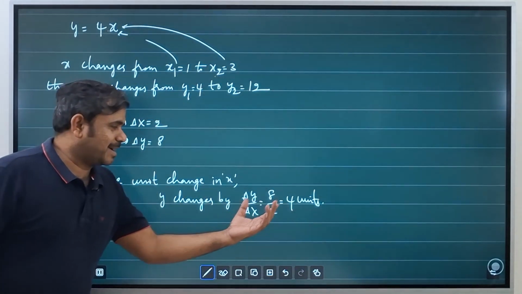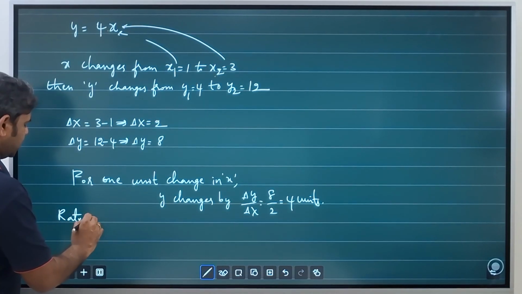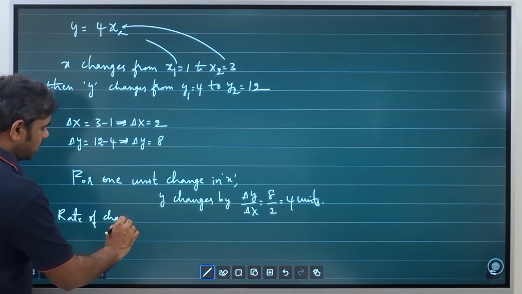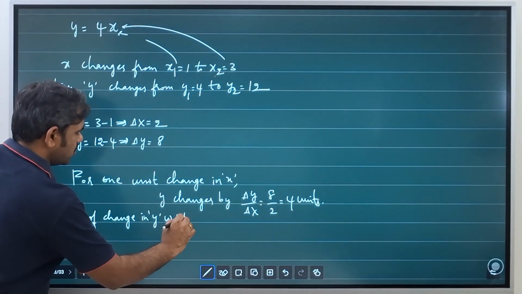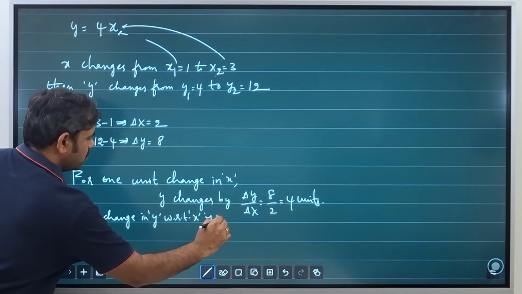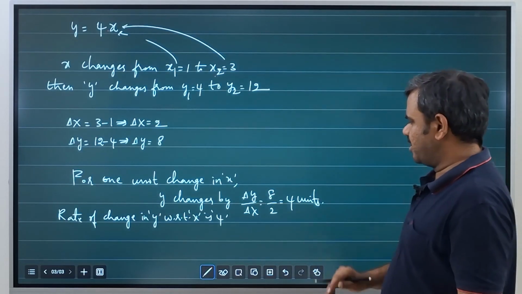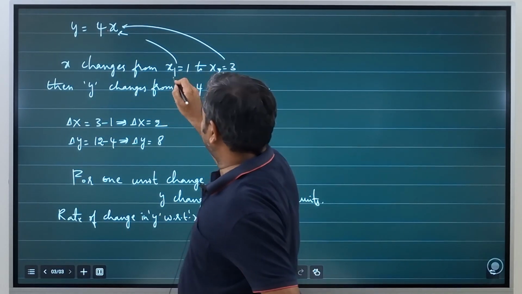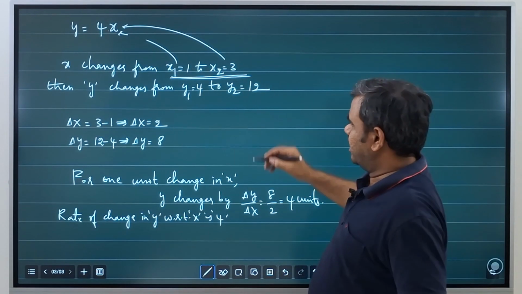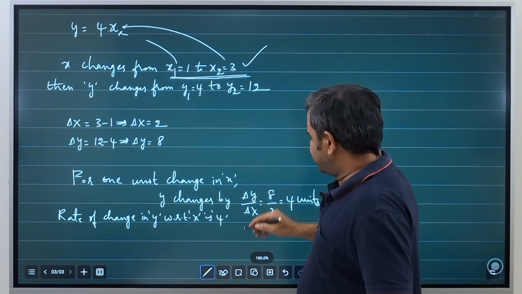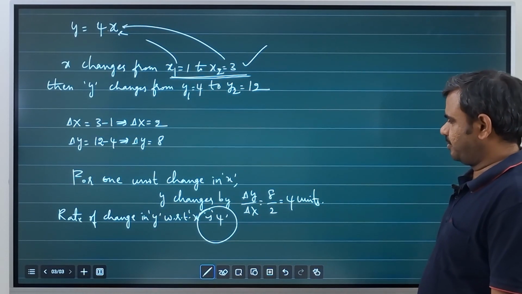So this is called rate of change in y with respect to x. Rate of change in y with respect to x is equal to 4 units. That's what we would say. Rate of change in y with respect to x is 4 units in this interval, where x is changing from 1 to 3. In that interval, this is the rate at which y is changing with respect to x.